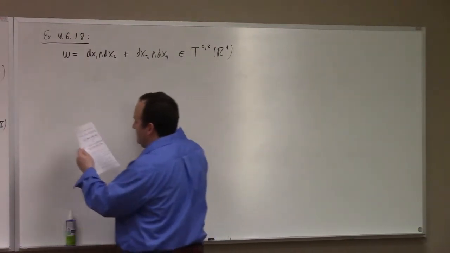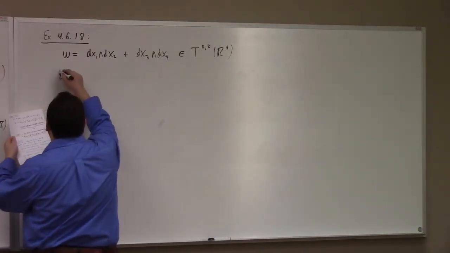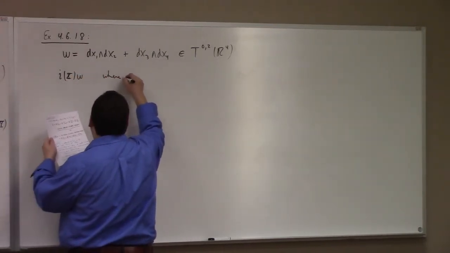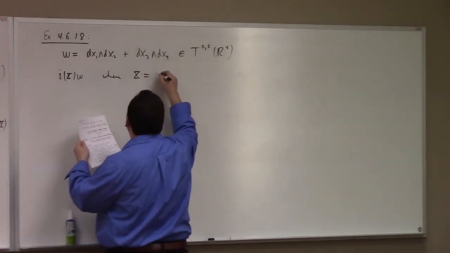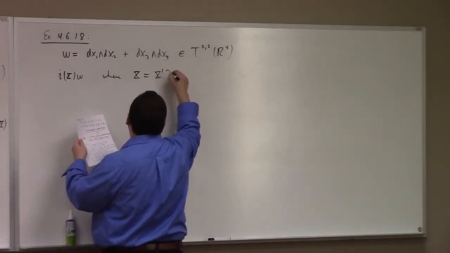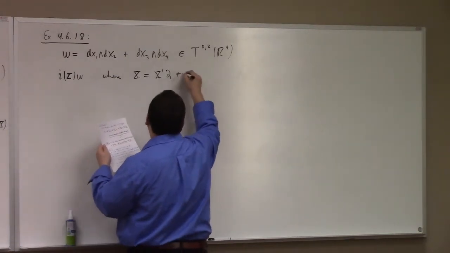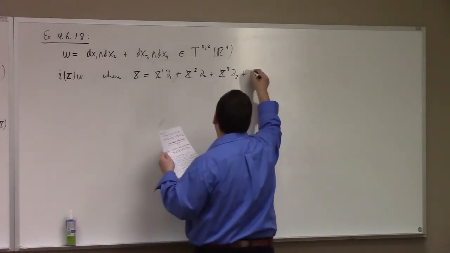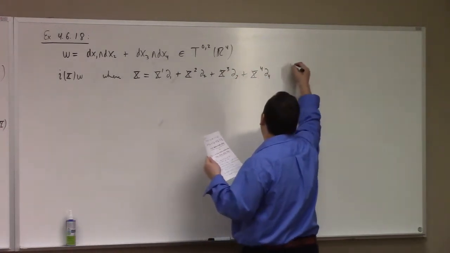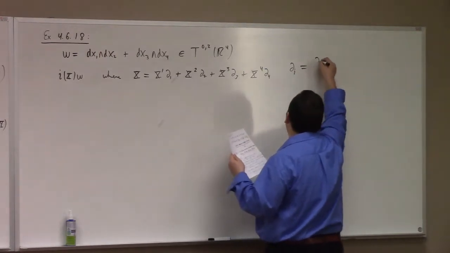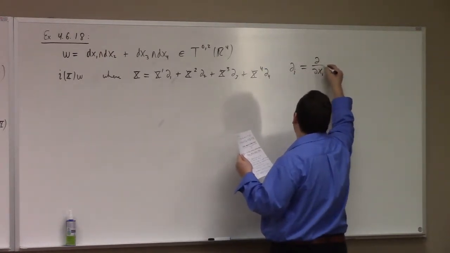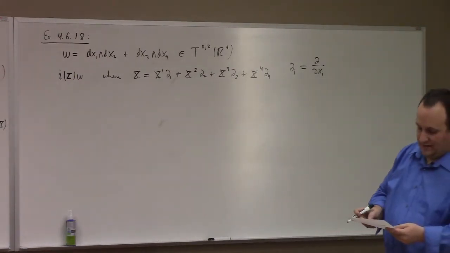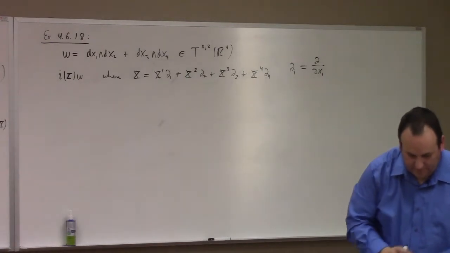And he wants us to take the interior product of x with omega, where x is equal to x1 partial 1 plus x2 partial 2 plus x3 partial 3 plus x4 partial 4. You'll forgive me, I'm using the notation partial i for partial xi, which I think is a good notation for things like this, and I would encourage you to use that notation as well, so you don't go nuts.